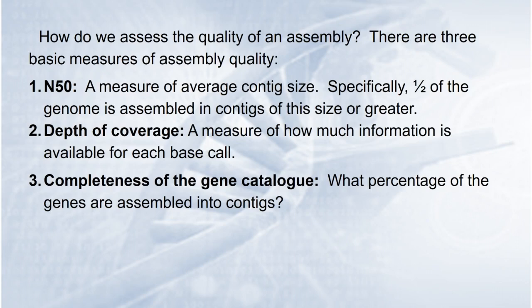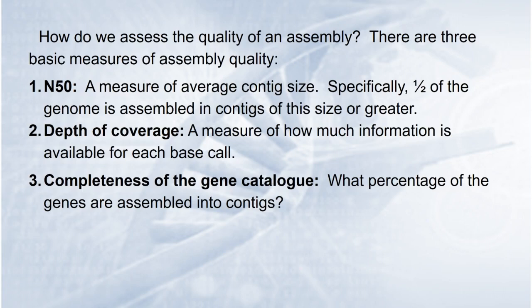Let's say the largest one is 2 million nucleotides long, or 100,000 or whatever. As we step through those, when we come to the contig where we've assembled 50% of the genome, that size, let's say in this case, maybe it's 200,000 or 400,000 nucleotides, that tells you that half of the genome is now in chunks that are bigger than that, or contigs that are bigger than that. So that's a measure that's communicated often for the quality of an assembly.